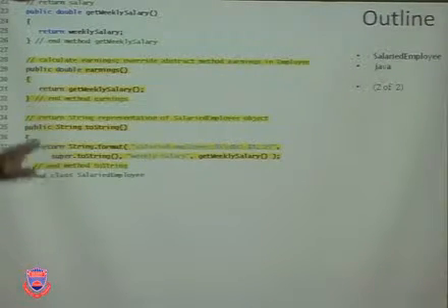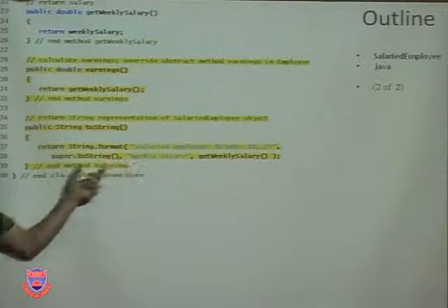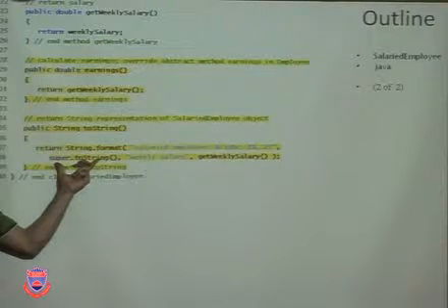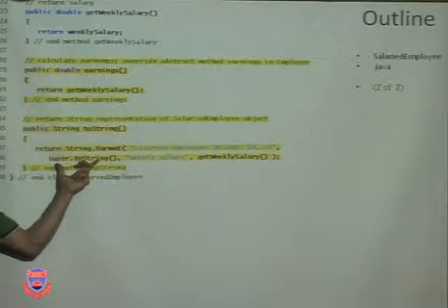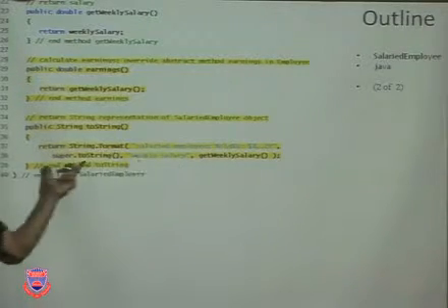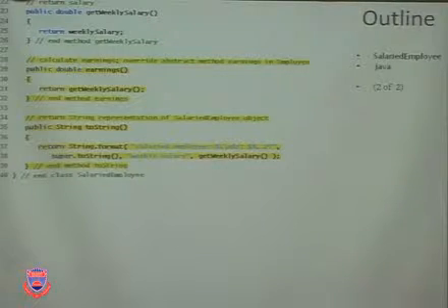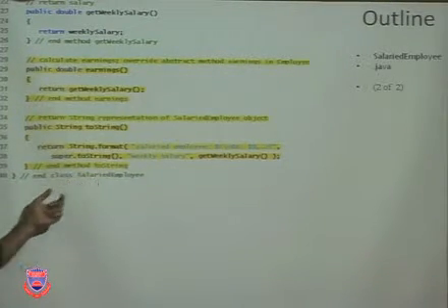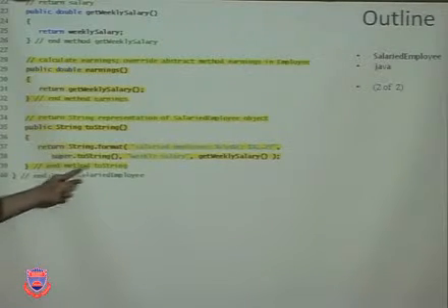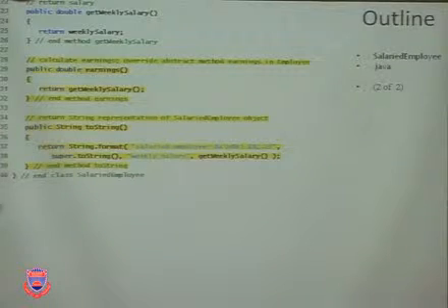also overridden. So if you look into here, the toString method indicates the salaried employee's salary. And again, if you look into this call, it calls the parent's toString method before printing the rest of the line. Okay, so this is also important. If you want to call the parent in your toString method, you would call super.toString to indicate that you would like to execute it before printing the remaining part of the child object.